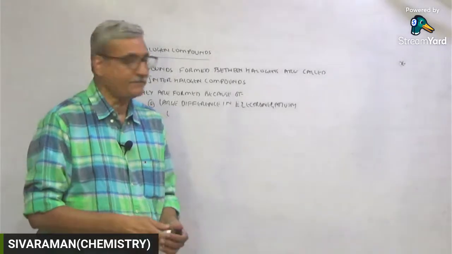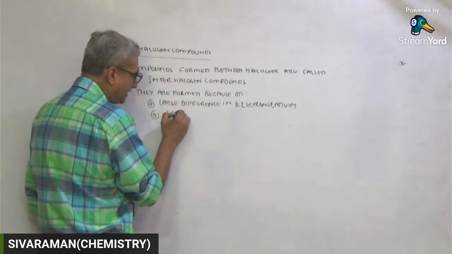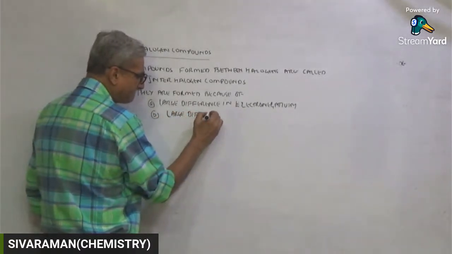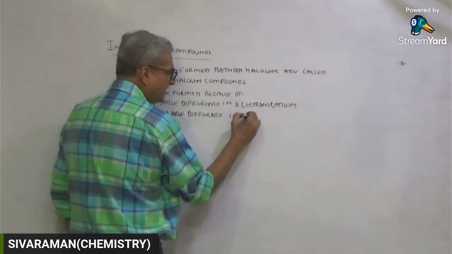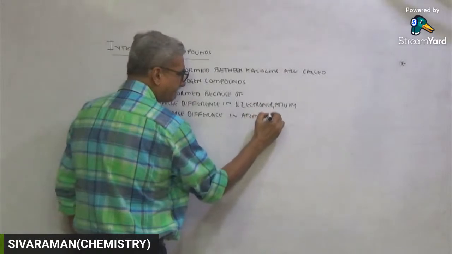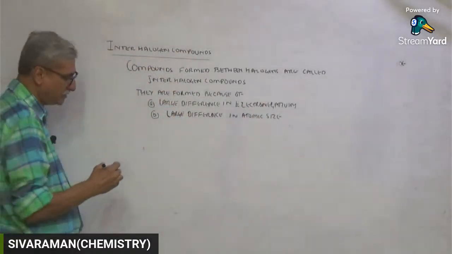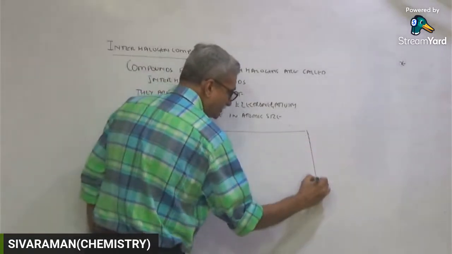Okay. So the large difference in electronegativity and large difference in atomic size. So these are 2 points which we have to talk about. So what is the kind of interhalogen compounds that we come across?